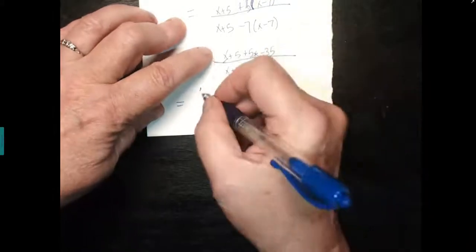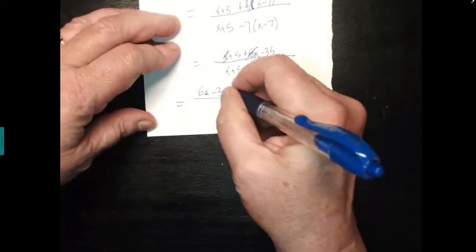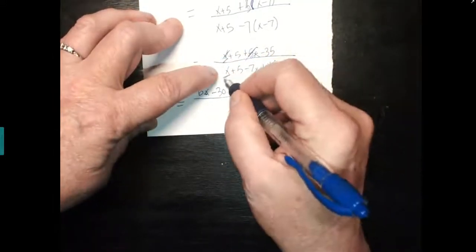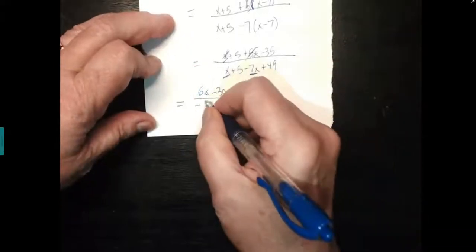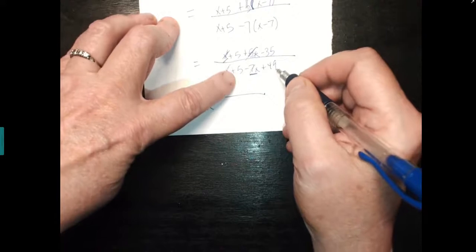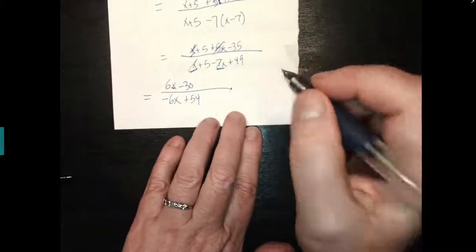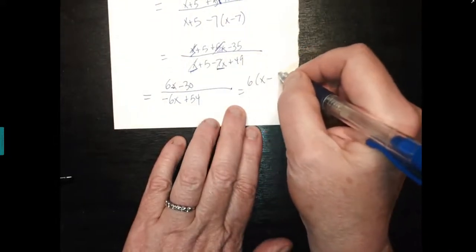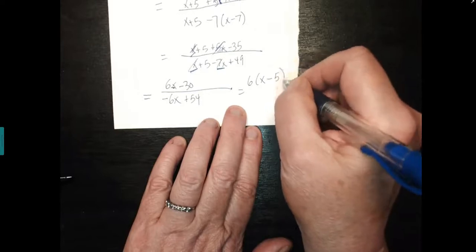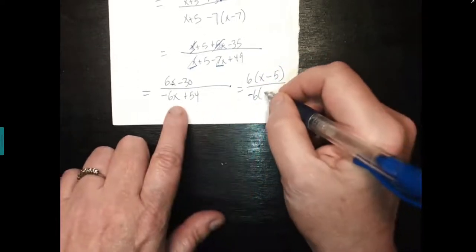x plus 5x is 6x. And 5 minus 35 is minus 30. x minus 7x is minus 6x. And 5 plus 49 is 54. And I can simplify this. I can factor out a 6 in the numerator, and I can factor out a negative 6 in the denominator.